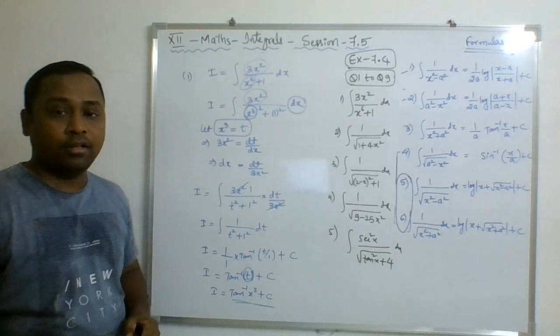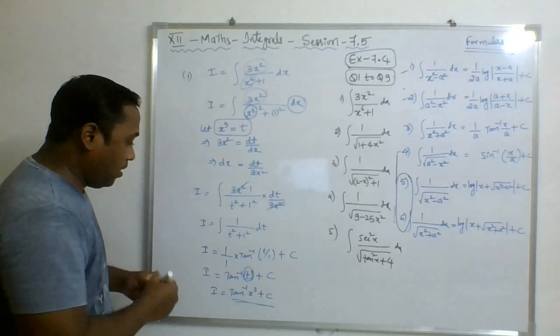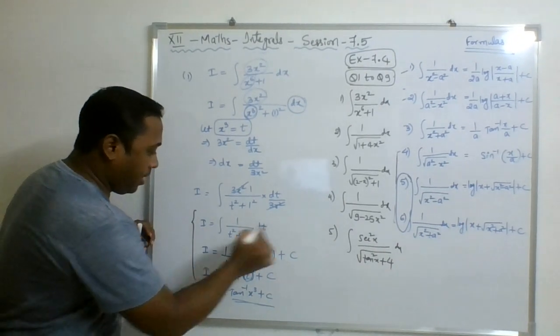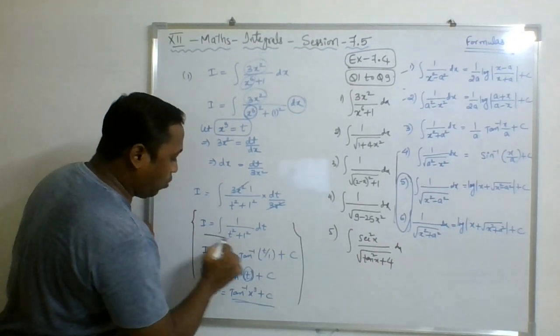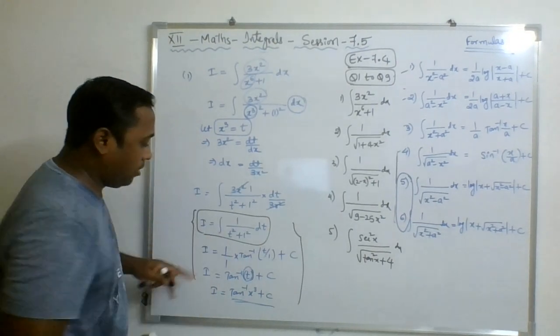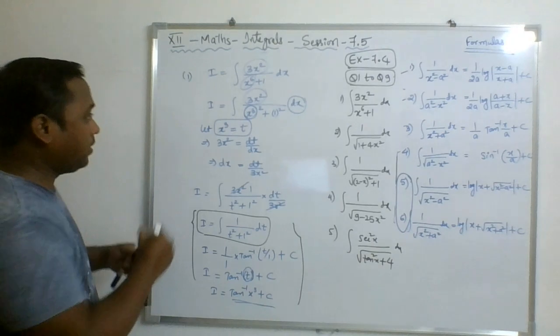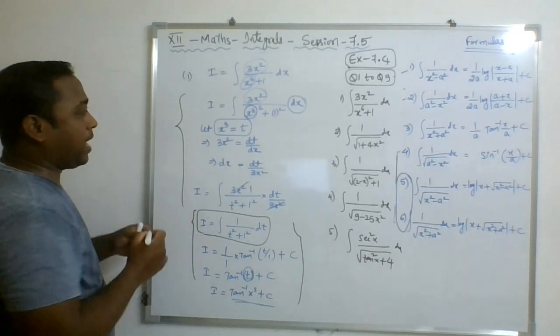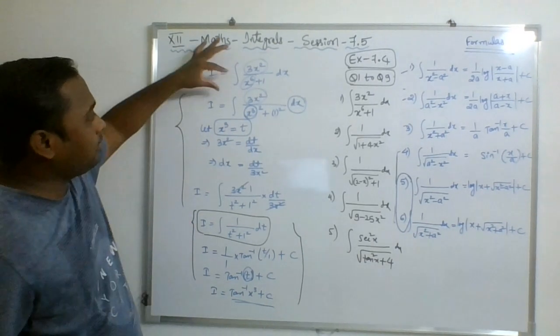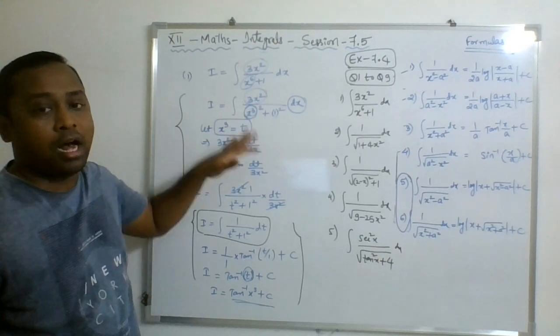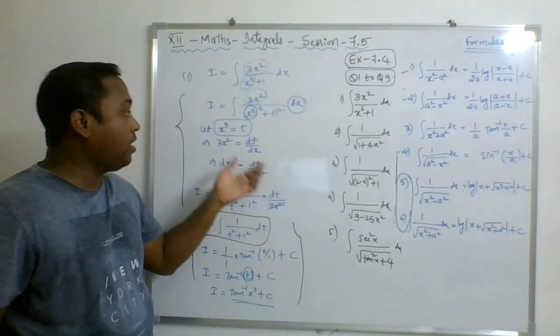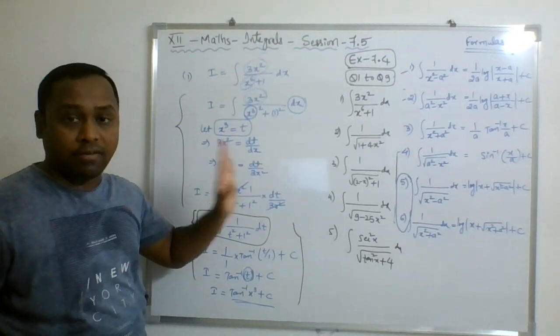So I think you can see, wherever you are able to convert them into a standard format, you can directly use a formula to finish the sum. This is a process where you need practice, by assuming some factor as t, as a substitution technique, where its derivative is available.